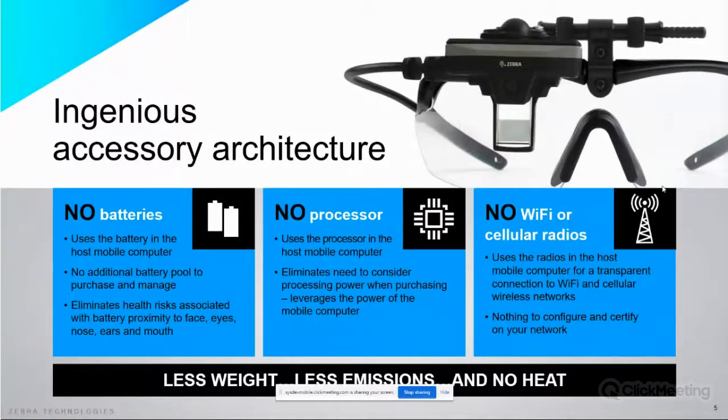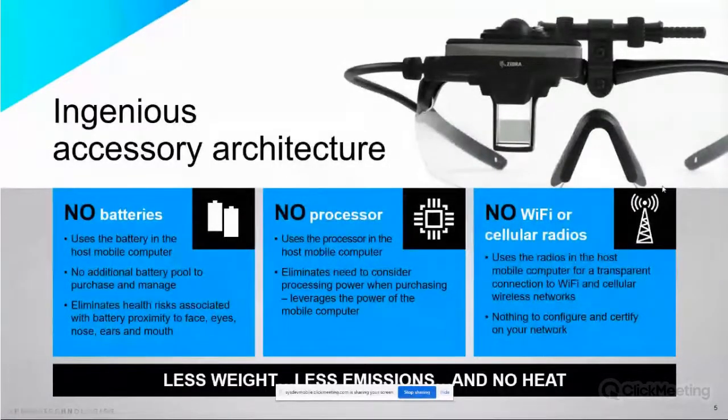Now, what that means, because you're connecting over USB, is that you are leveraging the battery in the enterprise mobile computer, and the batteries on all the devices I've been talking about are removable. And on a single charge, they will run the head-mounted display and anything else that you're running on that terminal for a whole shift.